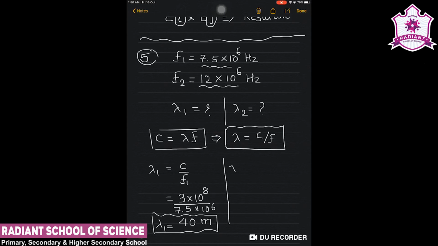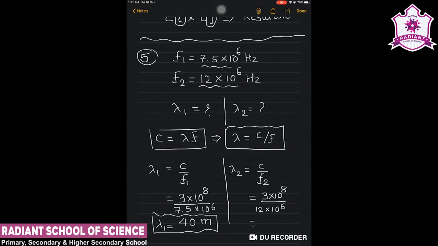Similarly we can calculate lambda 2, that is C by f2. We have again 3 into 10 raised to 8 and f2, that is 12 into 10 raised to 6. So this will be 3 by 12, that is 1 by 4.